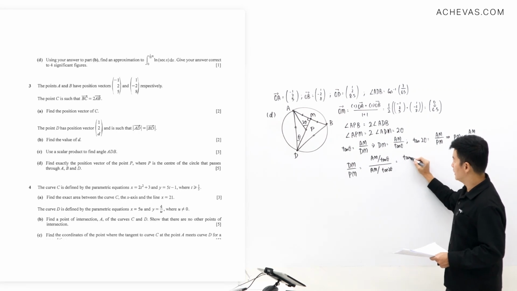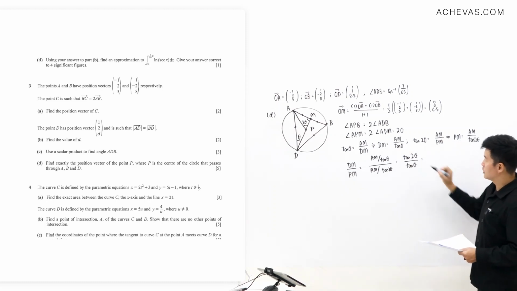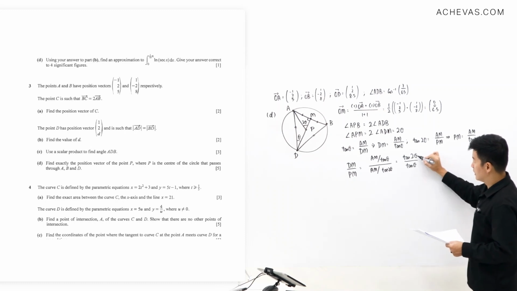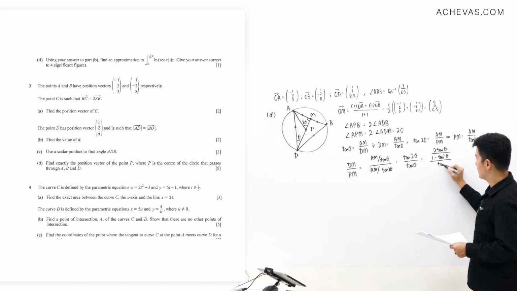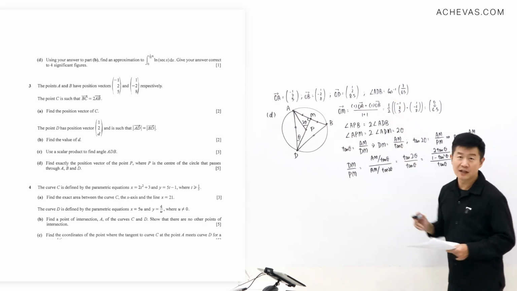So this will become tangent 2 theta over tangent theta. We can actually simplify this. Tangent 2 theta, if I were to make use of what we have in our MF26, converting it into a single angle, this is going to be 2 tangent theta over 1 minus tangent square theta, over tangent theta. So cancelling this away, we have 2 over 1 minus tangent square theta. And we have this. That is a good thing.